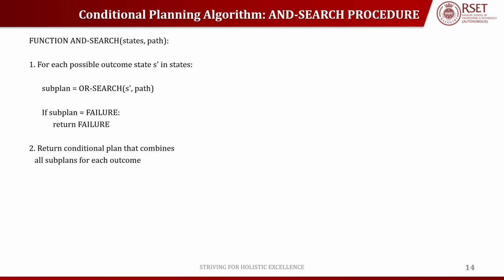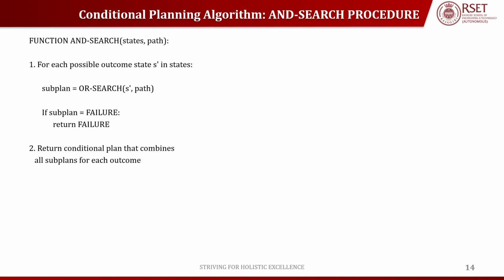For example, the action is you are going to check weather, and you know that there are mainly two possible results, that is rain and sunny. So it tries out the possibilities: OR search rain and OR search sunny states. Before step 2, if subplan is equal to failure, then return failure.